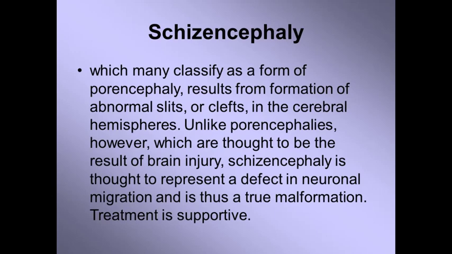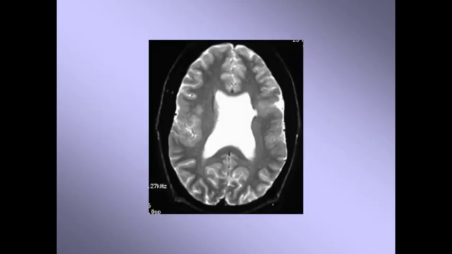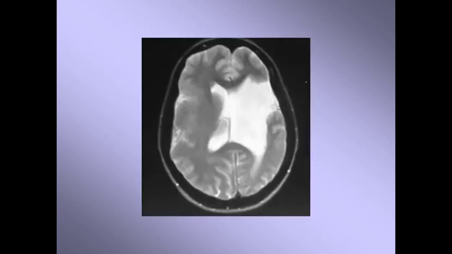Unlike porencephaly, which is thought to be the result of brain injury, schizencephaly is thought to represent a defect of neuronal migration and thus a true malformation. Small, closed type schizencephaly. Open lip schizencephaly.